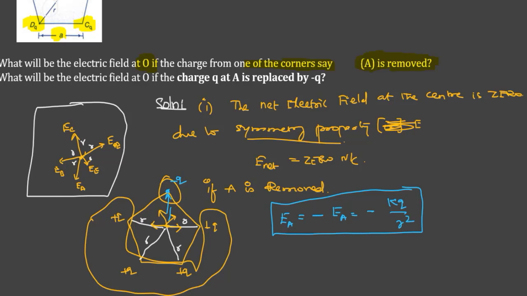Now we come to the next one. What would be the electric field at O if the charge q at A is replaced by minus q? The same thing, only we are coming here.